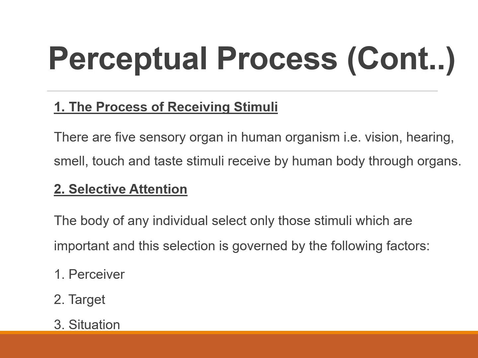The body of any individual selects only those stimuli which are important. So we are not taking every piece of information gained from the environment. We are selecting the most important information. This selection is governed by the following factors: perceiver side factors, the target, and the situation.